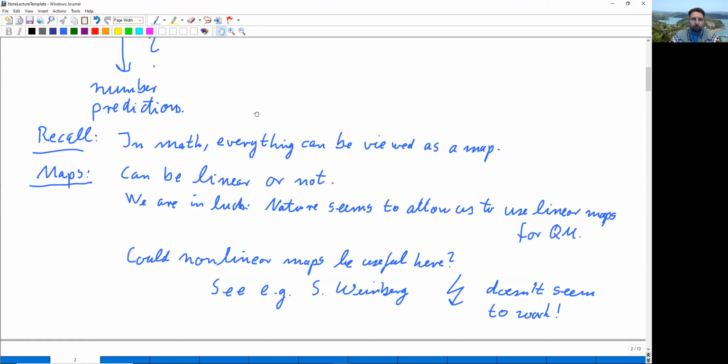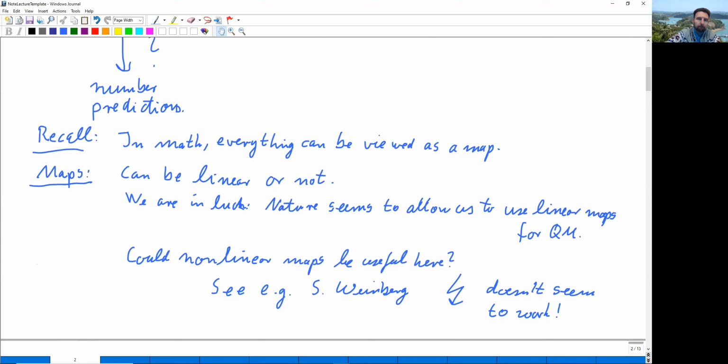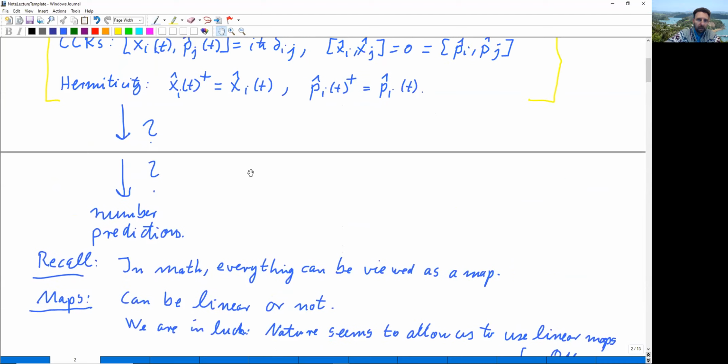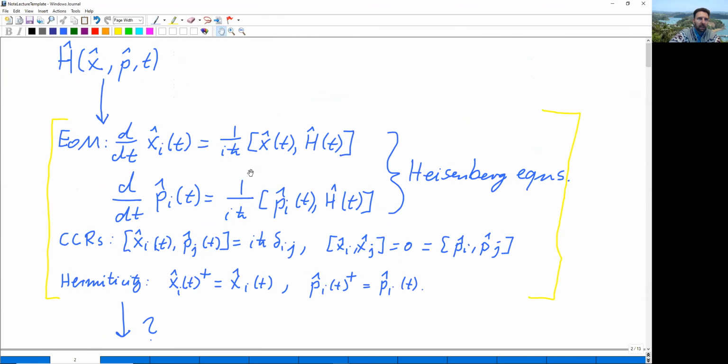Let me remind you of what we are talking about. We go from the top level of abstraction, the Hamiltonian, one level down, where we find that we have to solve 3 conditions in order to solve a quantum mechanical problem.